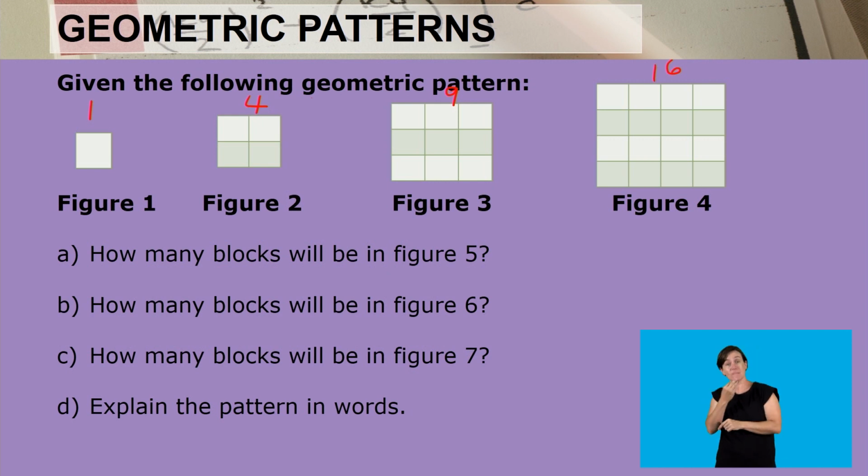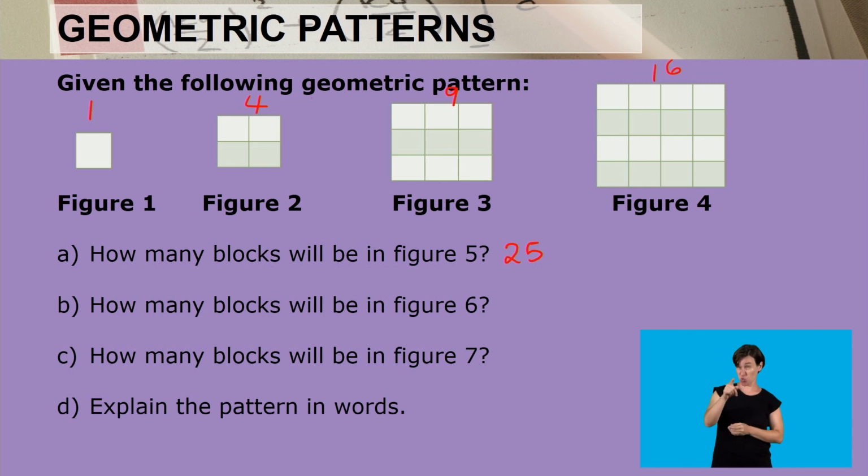So looking at this pattern, 1, 4, 9, and 16, have you seen how this pattern is moving? Do you know how many blocks are going to be in figure 5? Well, if you are thinking of 25, then you are correct. How about how many blocks are going to be there in figure 6?